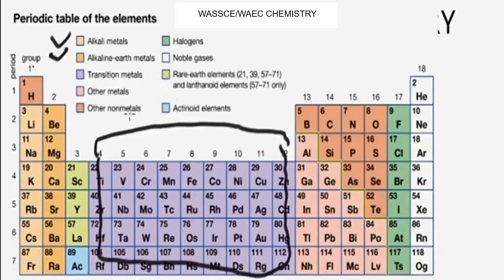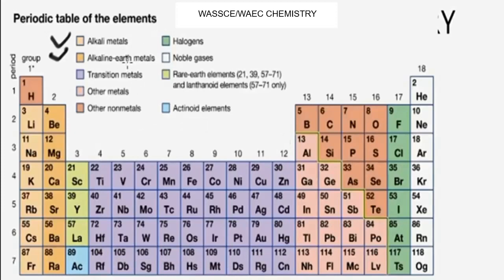They have peculiar features. Just know that they are called transition metals. We'll look into them when we get to talk about metals and non-metals, but for now, know that the elements in this color are the transition metals.